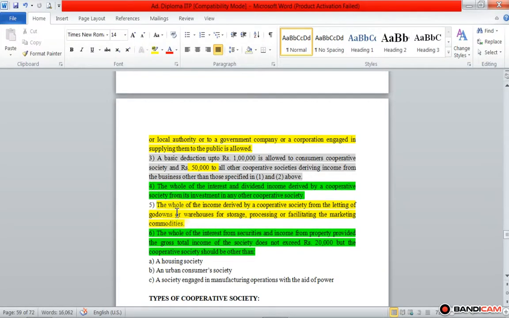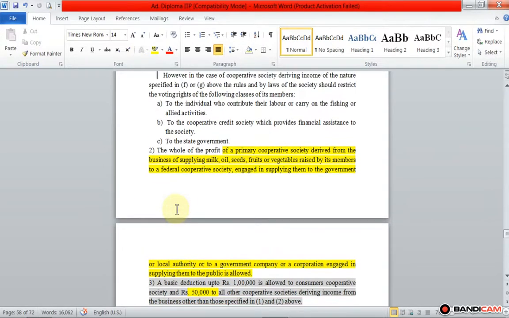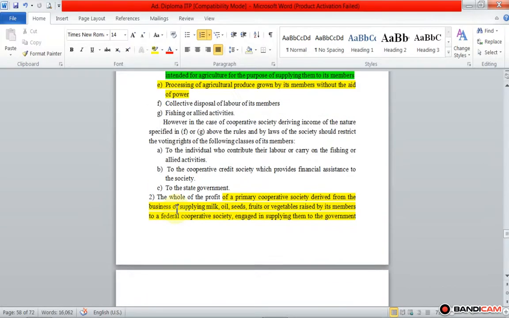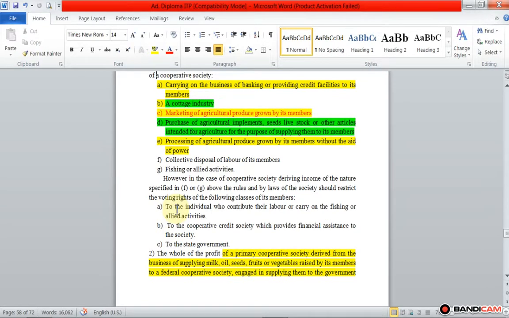So here we also deduct income from letting of godowns, because under 80P the whole income is allowed for deduction. Whole income is also allowed if it is derived from another cooperative society in the form of dividend or interest.